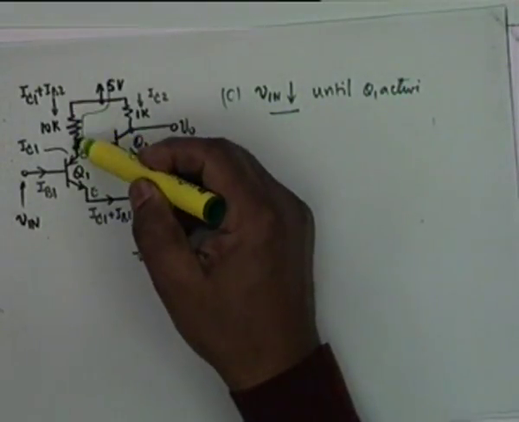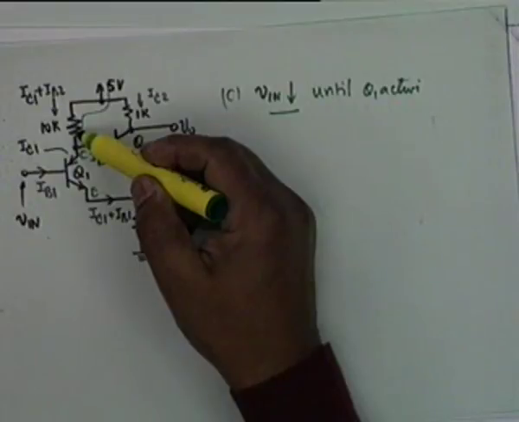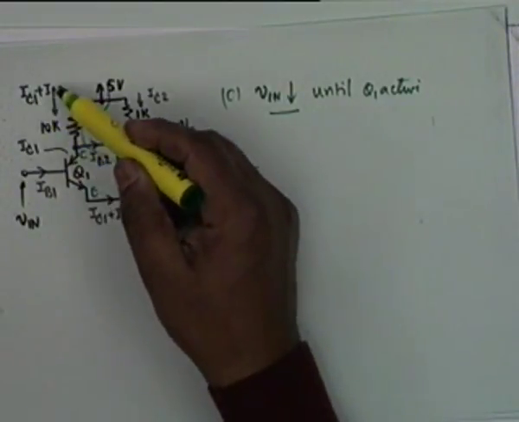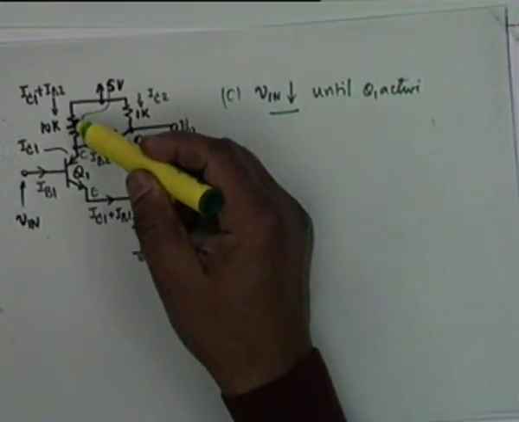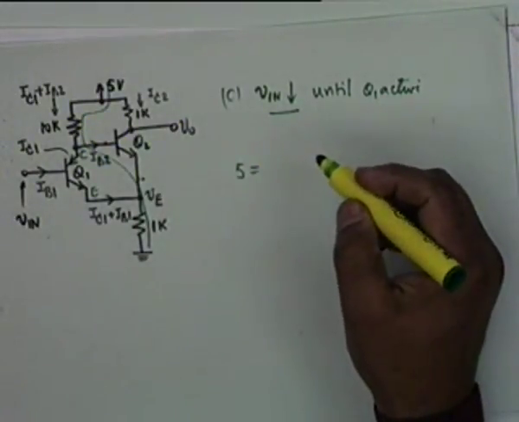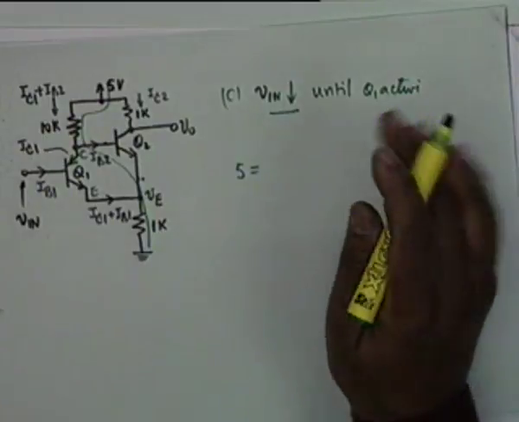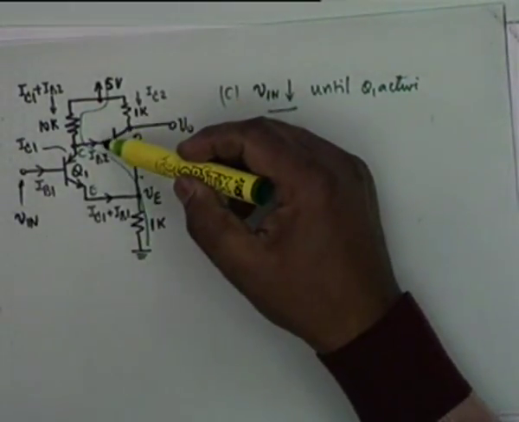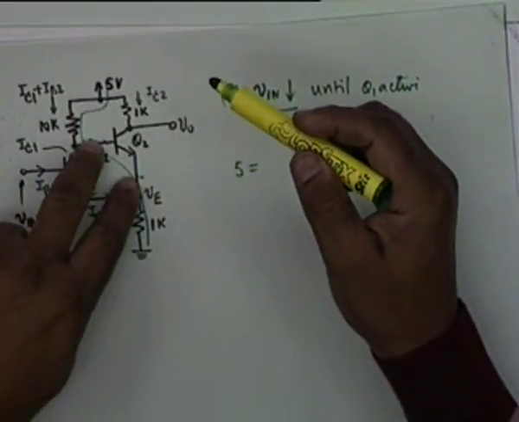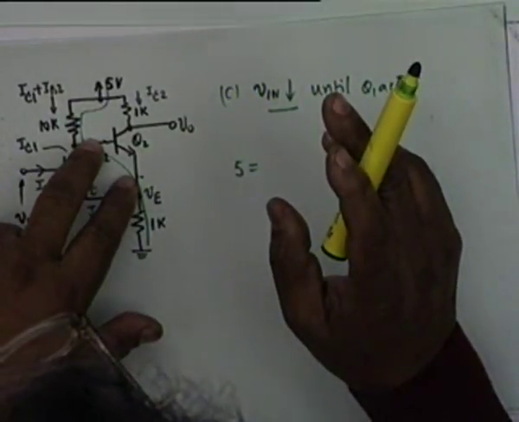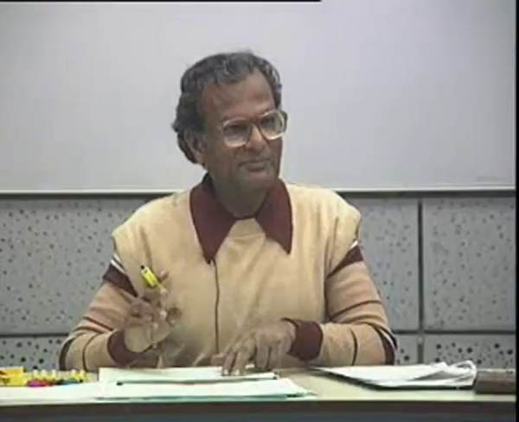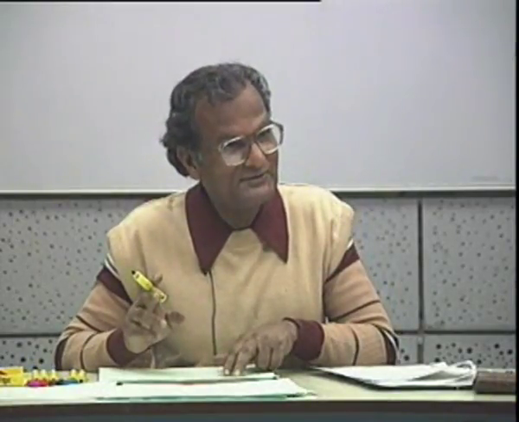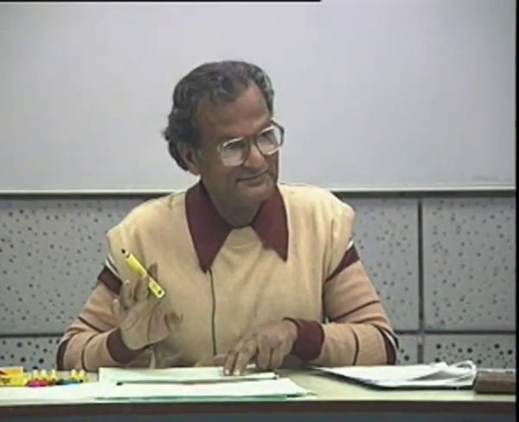This will be 101 IB1, this current IC1 plus IB2. No, I'm sorry. Hold it. Cut-in means what? Q2 has just started conducting, which means the current IB2 has just started flowing. So you take that current as 0.